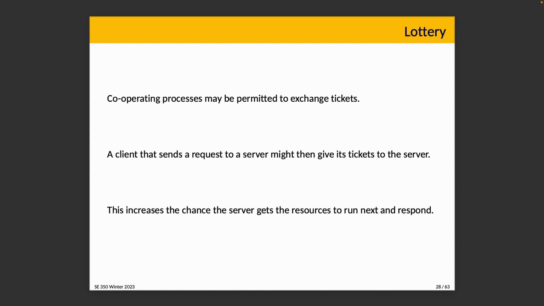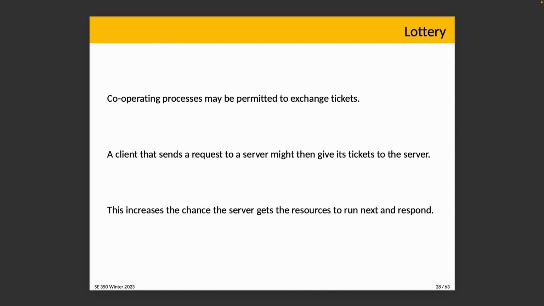Hypothetically, you could allow cooperation, and cooperating processes could be permitted to exchange tickets. A client that gives its requests to a server could, when it submits a request, give some tickets with it, increasing the chance the server gets the resources to run next and respond.